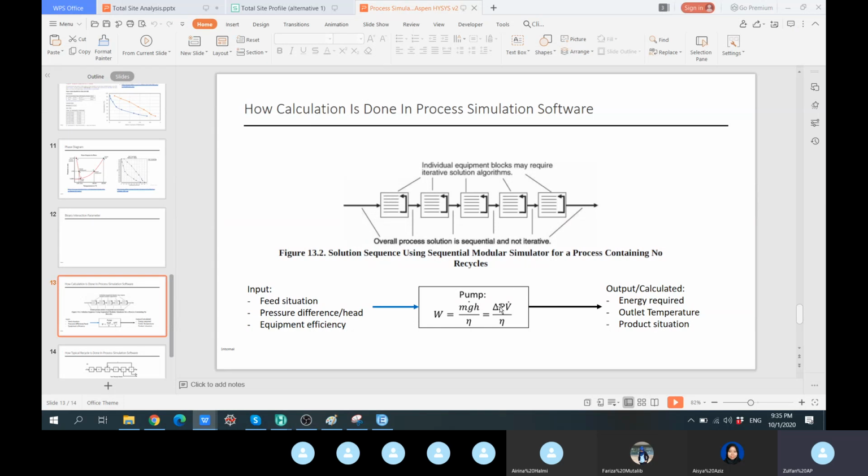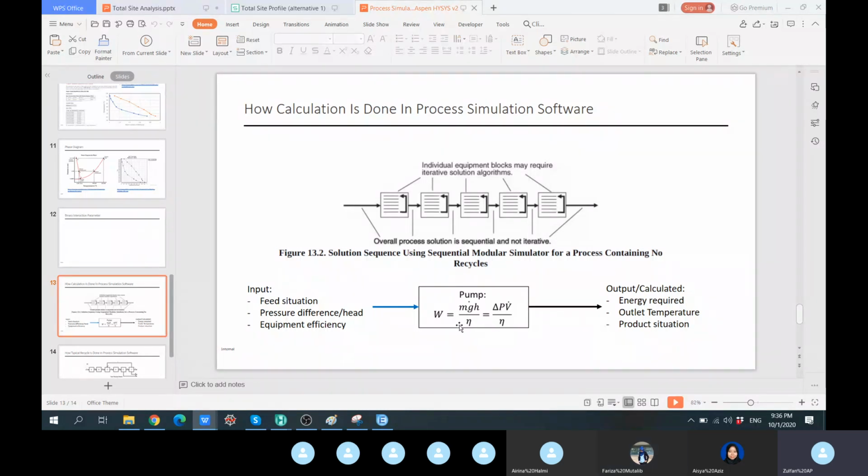So for this pump, we know that the equation is W, which is the power of the pump, equals the mass flow rate that goes through the pump, times the gravity acceleration, times the head of the pump, divided by the efficiency.